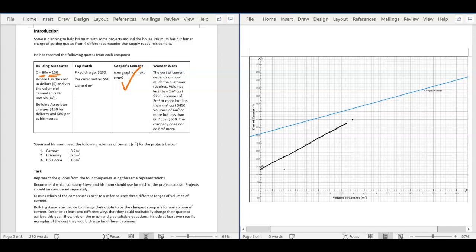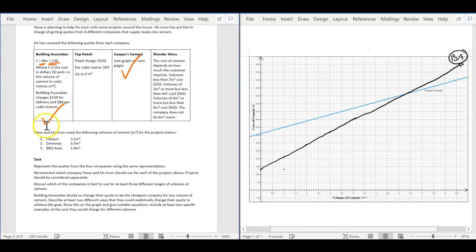So with a ruler, what you'll need to do is you'll then need to connect that line to make sure it's perfect. I didn't do that there in the video, but you need to make sure that is done well. Okay, so that's the first line, and don't forget, I'm going to label that. That's really important, letting them know that it's Building Associates. Okay, so we've done the graph for that first one.